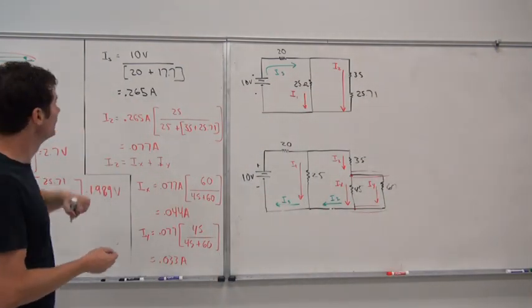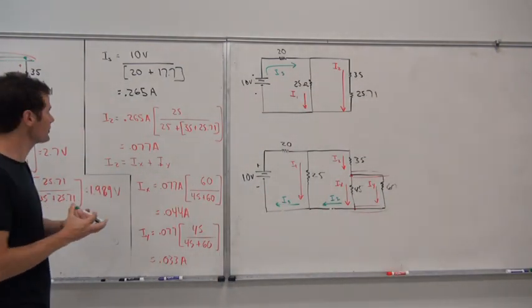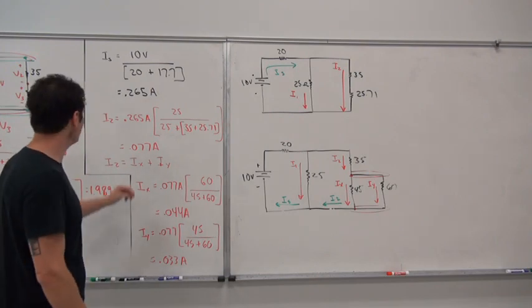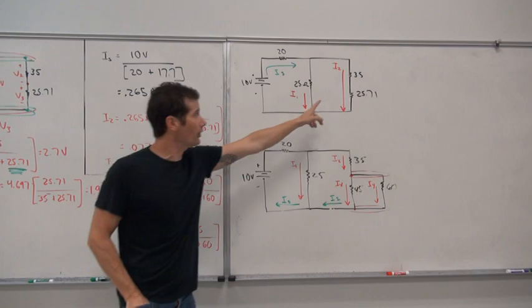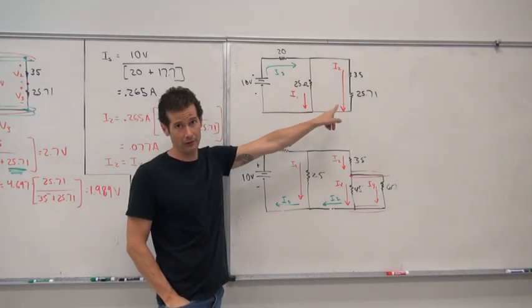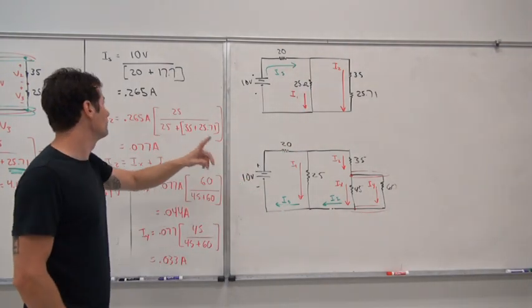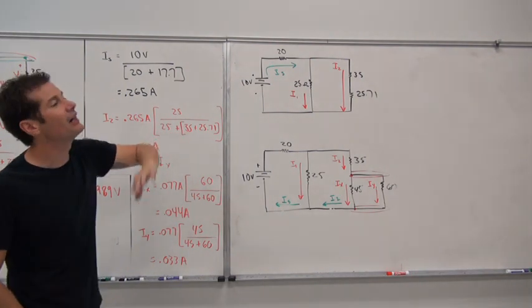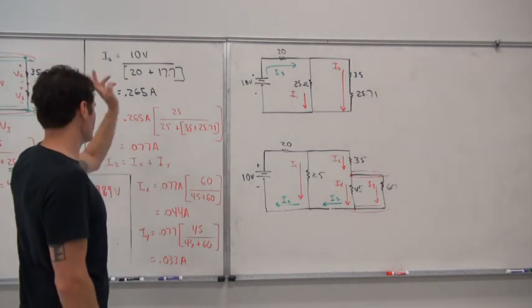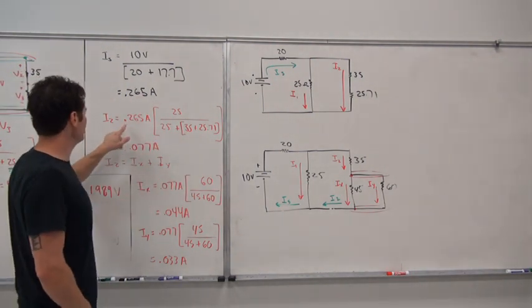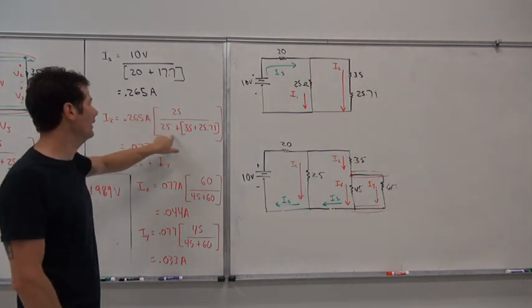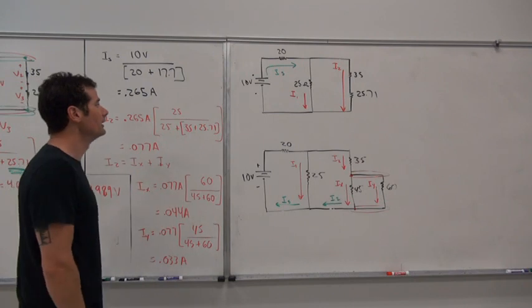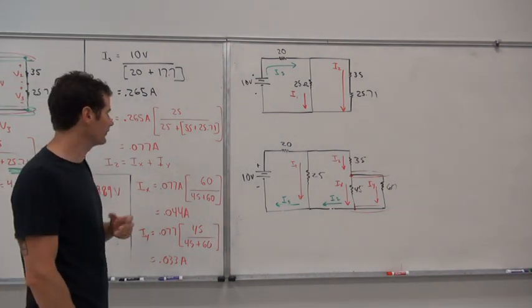So we took 0.265 amps, that's our source current, and by current division, remember we're looking for the current through these 2 elements here because they're in series. But with current division we utilize the opposite branch's resistance. So we use that in the numerator: 0.265 amps multiplied by 25 ohms over 25 plus 35 plus 25.71.